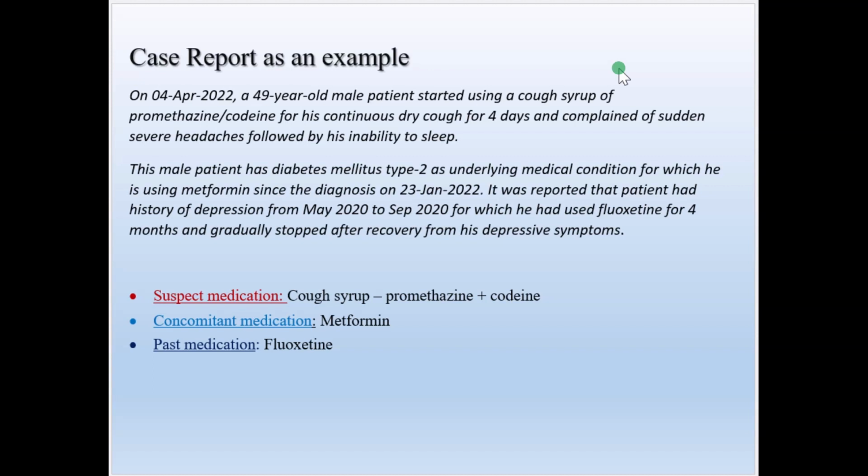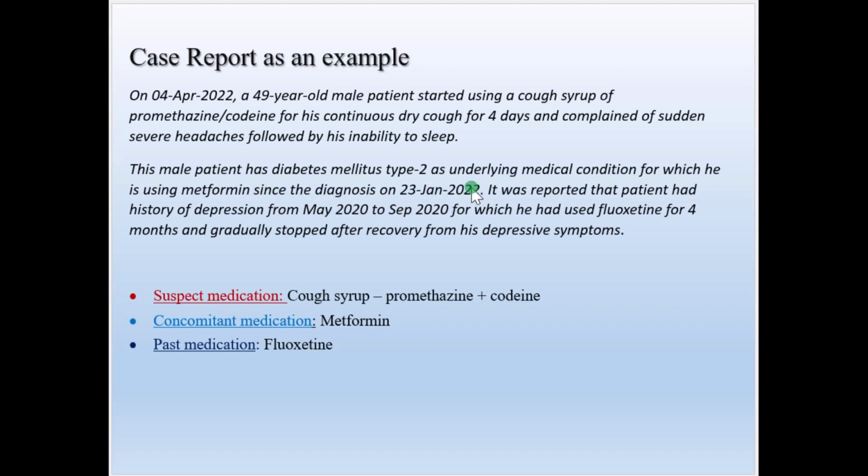It was reported that the patient had a history of depression from May 2020 to September 2020 for which he had used fluoxetine for 4 months and gradually stopped after recovery from his depressive symptoms. In the above case, the cough syrup, promethazine plus codeine, is considered a suspect medication as the patient suspected and complained of side effects after using this product.